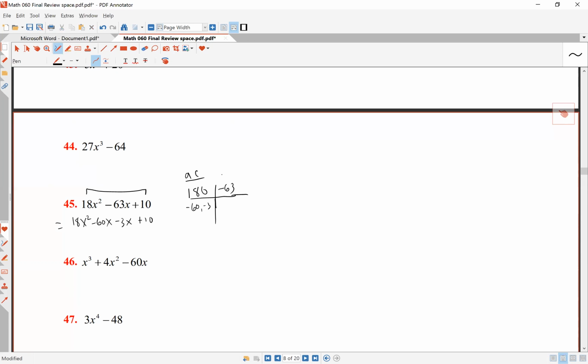Product of two numbers, it's AC, that adds to B. Then we factor by grouping, which you can take a 6 and an x out of these two, leaving us with 3x minus 10. Taking a negative from those, you're left with 3x minus 10. And so that gives us 6x minus 1 times 3x minus 10.